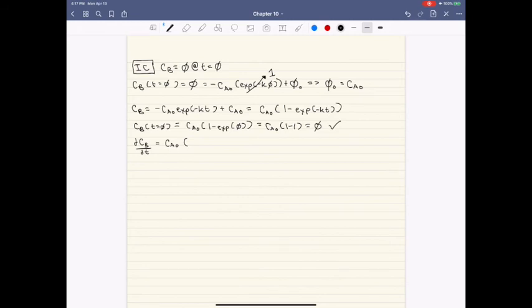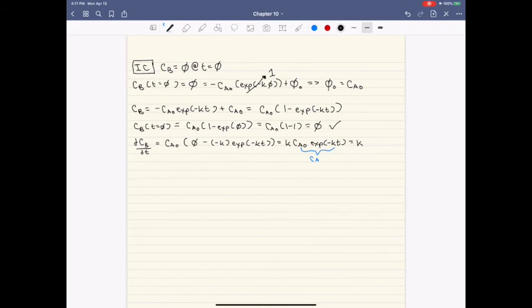So the derivative of 1 is 0. And the derivative of the exponential, if we apply the chain rule, gives us negative k times the exponential of negative kt. This gives us back k Ca naught exponential of negative kt, which we know from dealing with species A is just Ca.